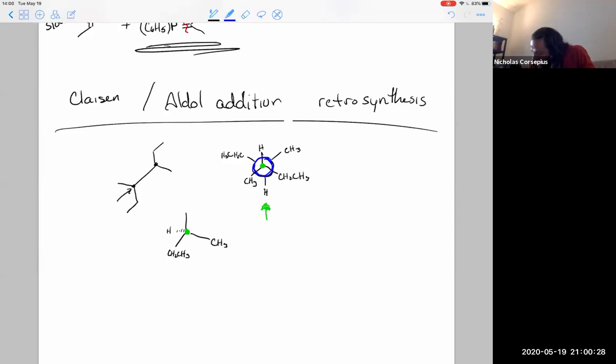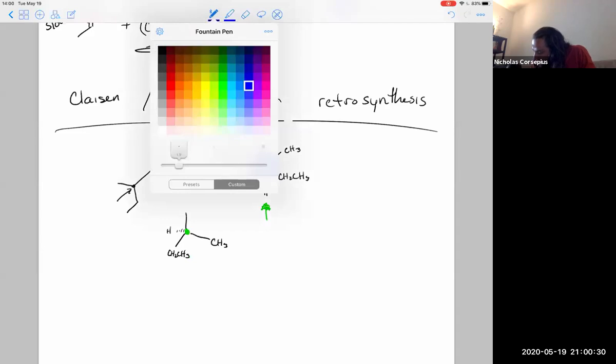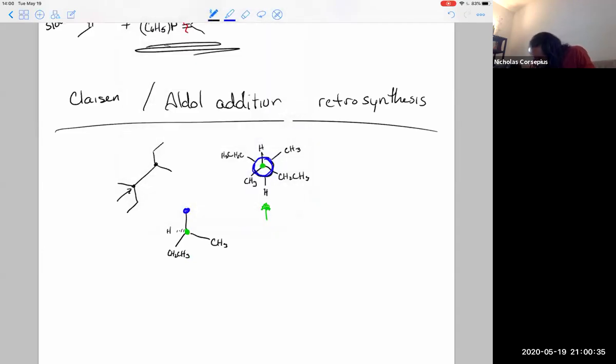And then on top, I have my blue carbon, which is then connected to a hydrogen as well as CH2, CH3, and then another CH3. That's if I look at my molecule from this underside here.